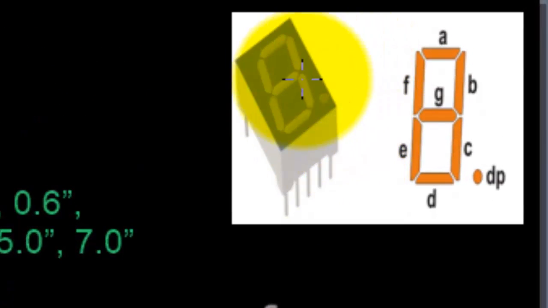Now this is how a 7 segment looks. So it has 5 pins on 2 sides. So there are total 10 pins, and out of the total 10 pins, the 7 pins correspond to the 7 segments here, and these are A, B, C, D, E, F, and G. So these are the primary 7 segments, and there is also a decimal point.